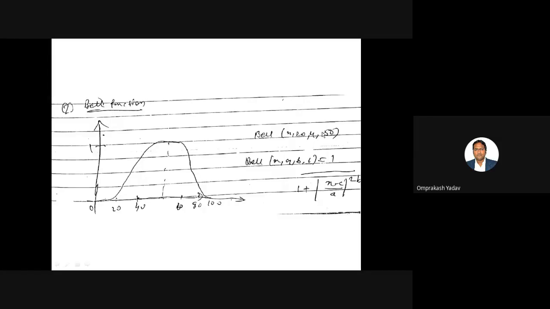So this B point is your 40, it's not 4, okay? This is A point, B point, then central is taken as one, and the formula is Bell(x, a, b, c) equal to 1 upon 1 plus (x minus c upon a) raised to 2b. So if we try to plot different values, we will get this kind of bell shape.